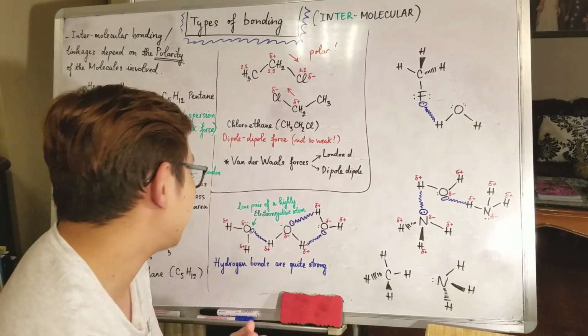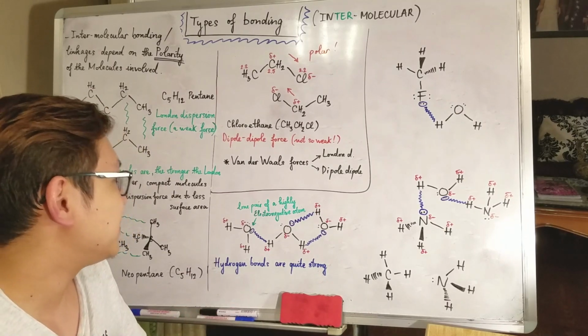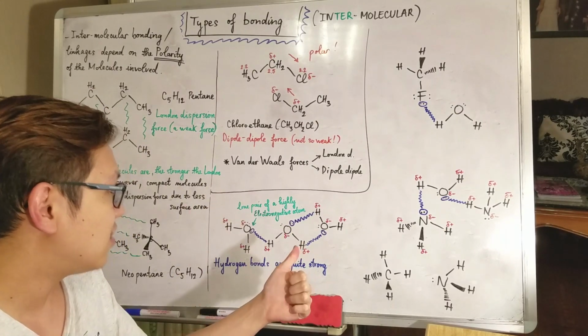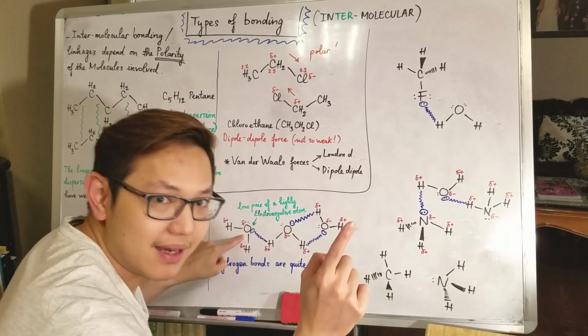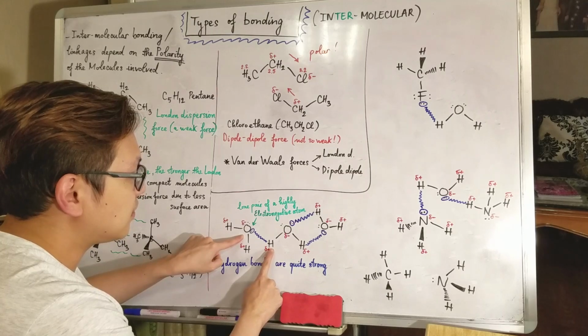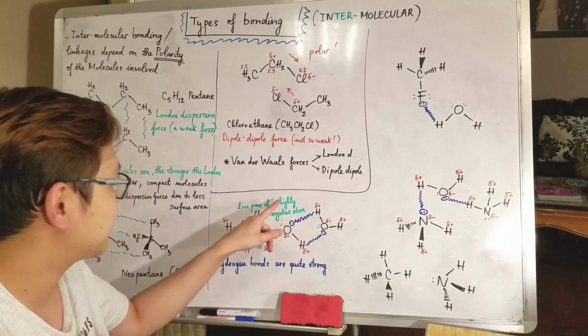Need me to say again? Okay, so basically hydrogen bonds are formed between the lone pair of a highly electronegative atom and the hydrogen that is attached to another highly electronegative atom.